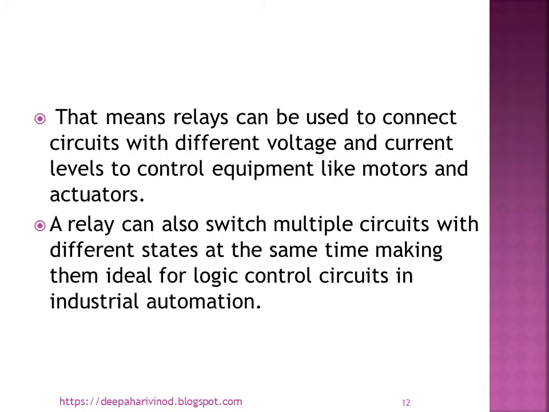That means relays can be used to connect circuits with different voltages and current levels to control equipment like motors and actuators. A relay can also switch multiple circuits with different states at the same time, making it ideal for logic control circuits in industrial automation.